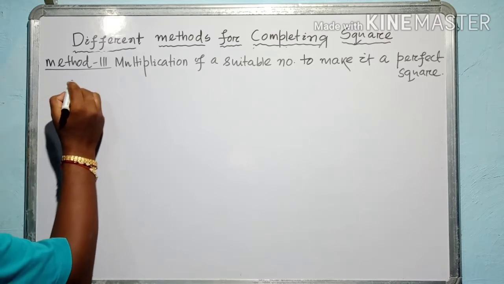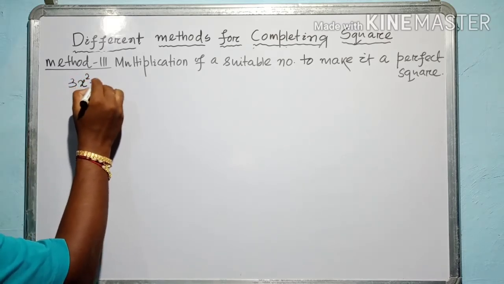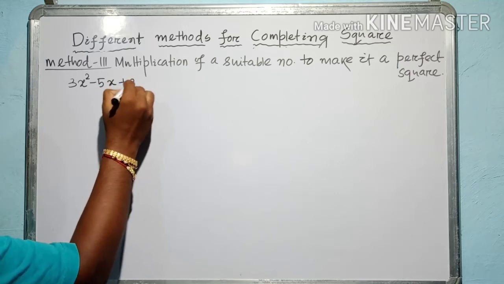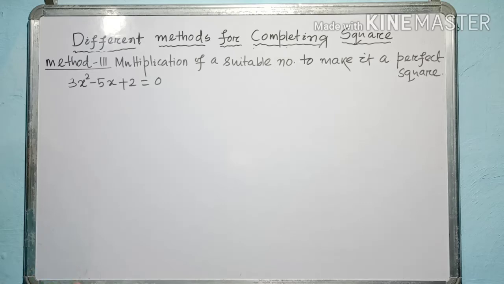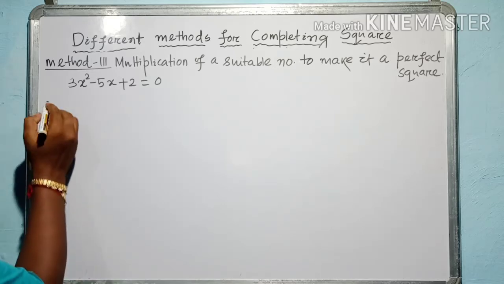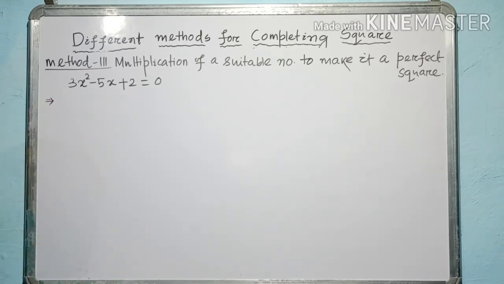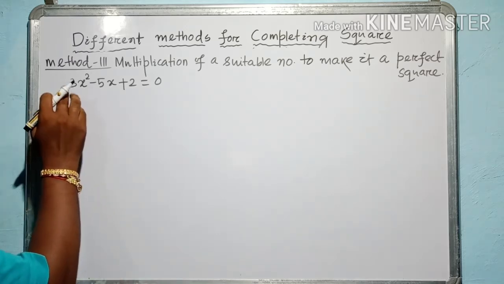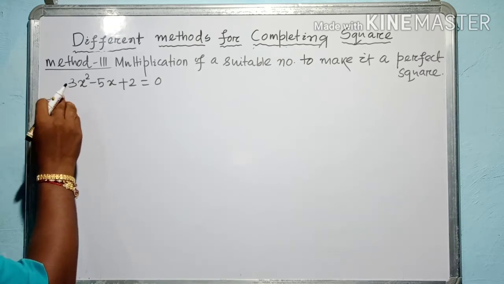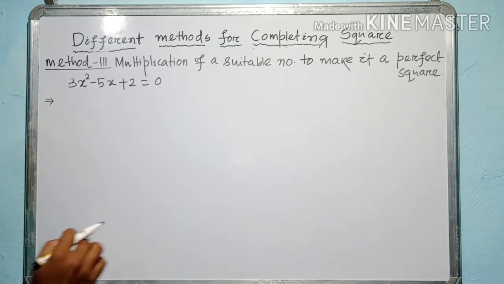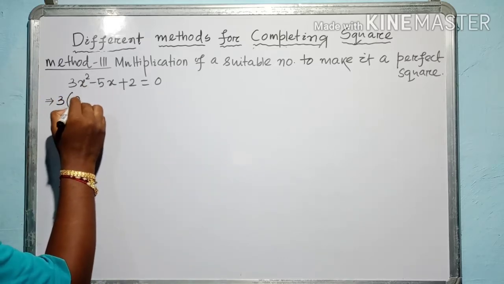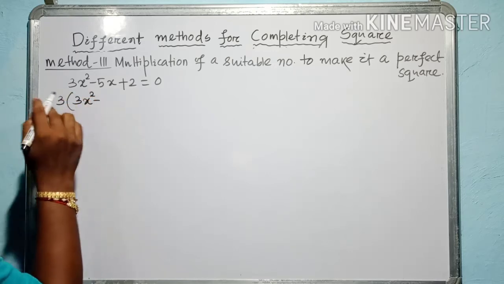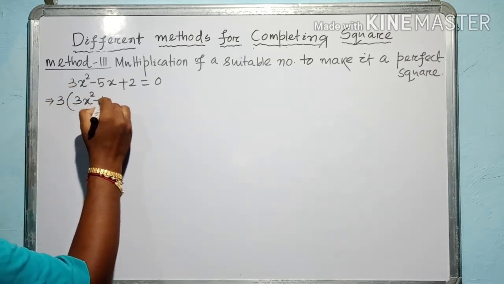Suppose we have 3x square minus 5x plus 2 is equal to 0. Here in 3x square, 3 is not a perfect square, so multiply by a number which will make it a perfect square. The lowest positive integer is 3, so just multiply 3 throughout the equation to make it a perfect square.